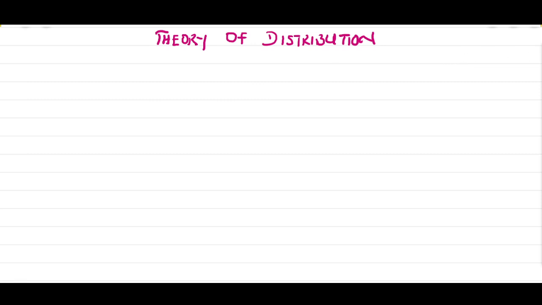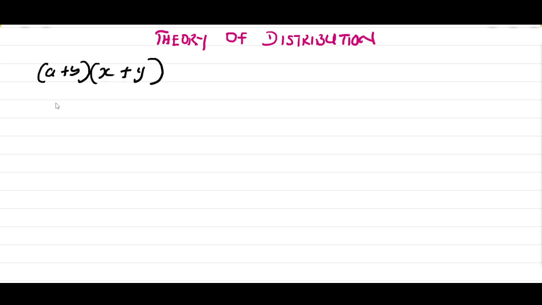Today we will discuss the theory of distribution. And when I mean distribution, it involves clearing out the brackets. Suppose we have to work out (a + b) multiplying (x + y).